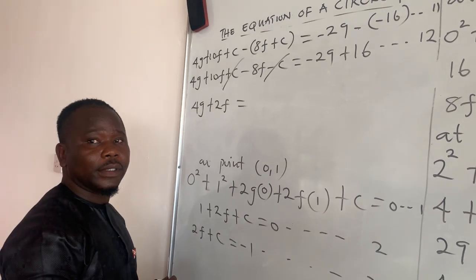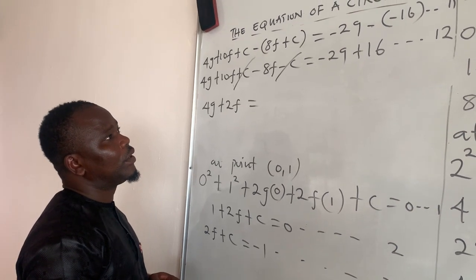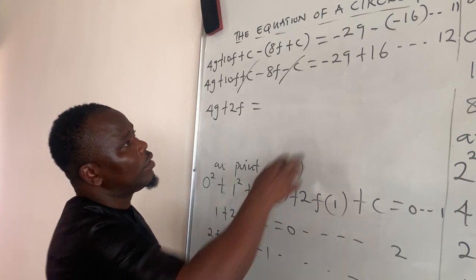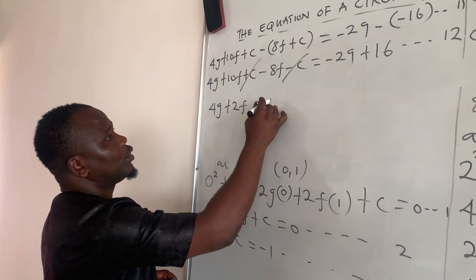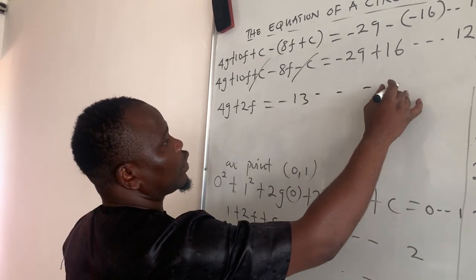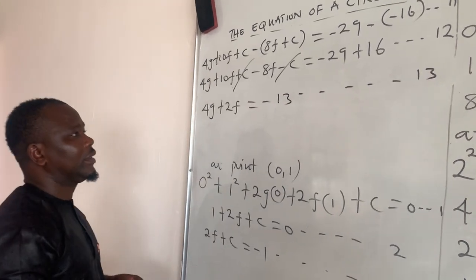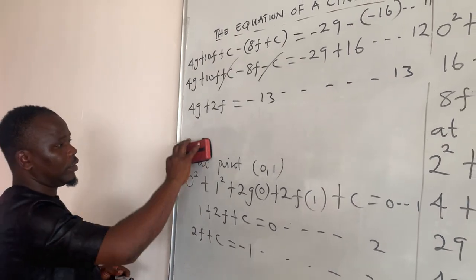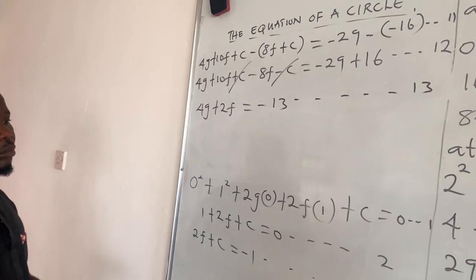Students, minus 29 plus 16 will give you what? It will give you minus 13. This is equal to minus 13, and we can call this equation 13. Okay? Yes. Okay.